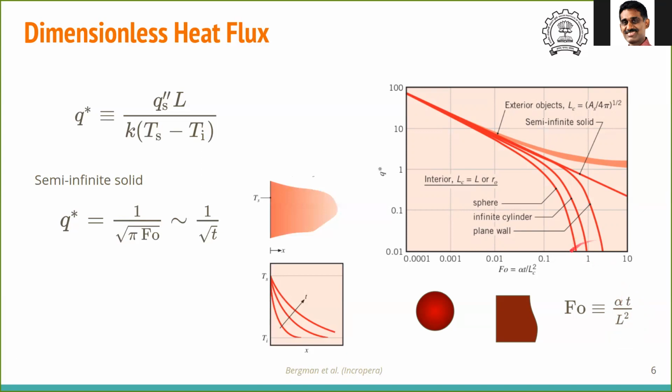So you notice here that when Fourier number is order 1, the temperature becomes equal to the outside temperature, or the heat flux becomes 0. So for all these finite size objects, when Fourier number is order 1, and order 1 means from here to here, that is 0.3 to 3, the temperature reaches steady state, or Q star reaches 0.